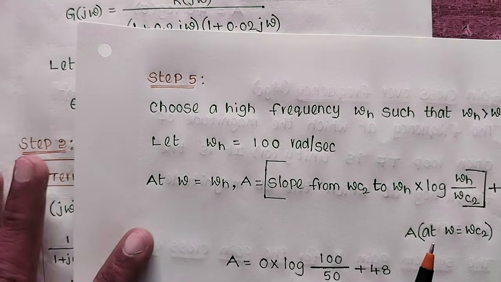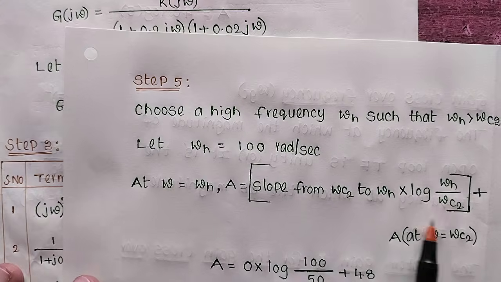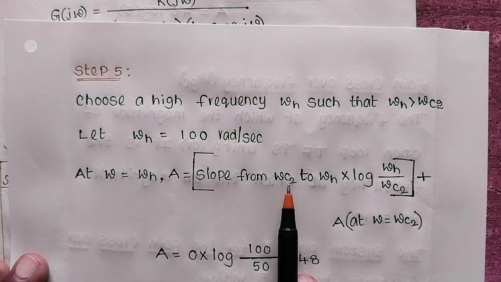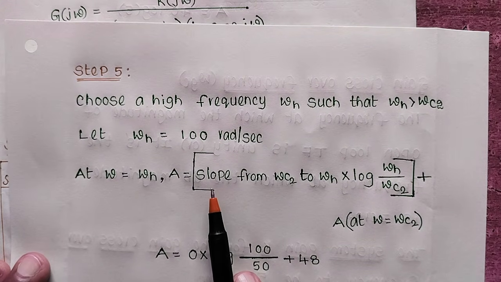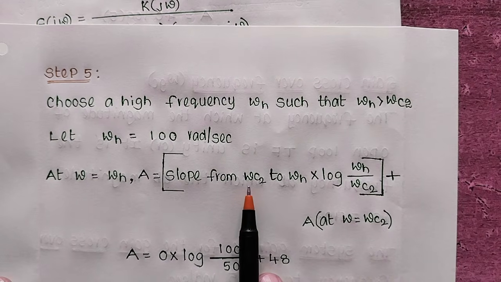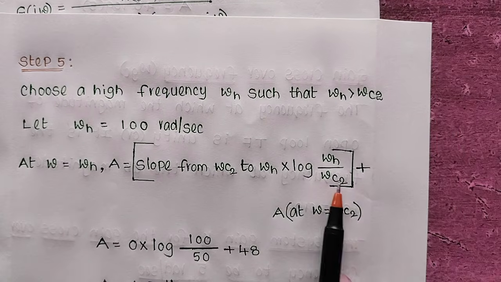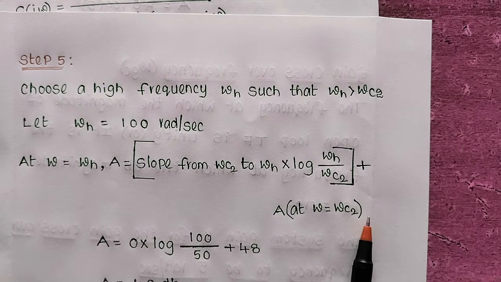Again, now we have to calculate the magnitude at omega equal to omega h. I am using the same formula that I used to solve for the magnitude at omega c2. A equals the slope from omega c2 to omega h into log omega h by omega c2, plus A at omega equal to omega c2.